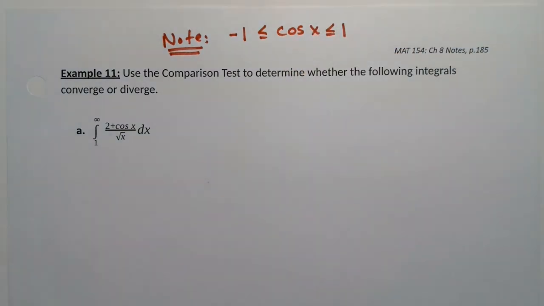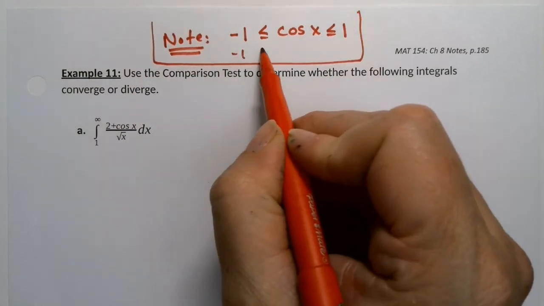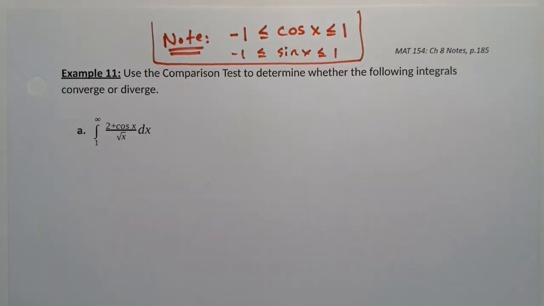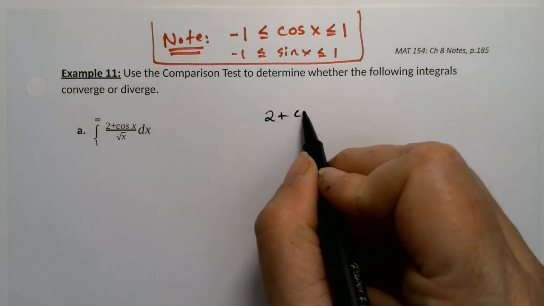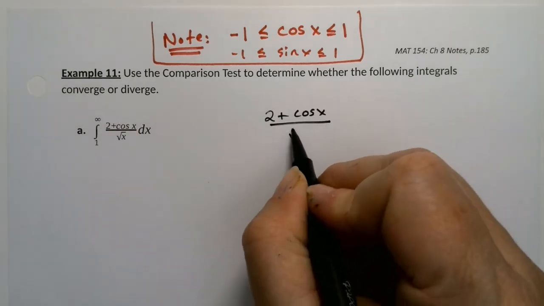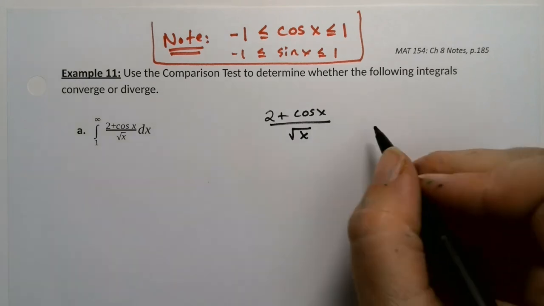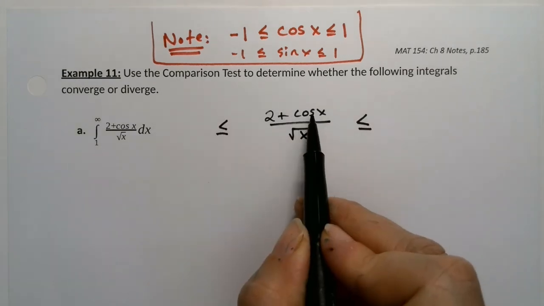Okay, so that helps me out a little bit. And it's also true of sine of x, by the way, just as a little heads up. Our curve is 2 plus the cosine of x over the square root of x. I want to come up with something that I can compare it to. Why don't I put in negative 1 and 1 for this?